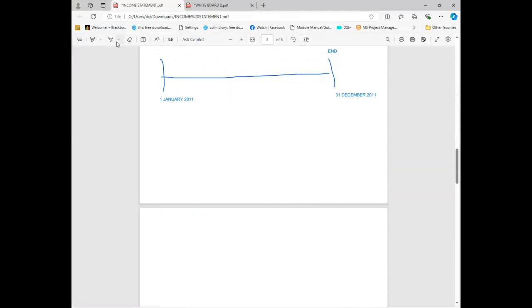So for you to calculate cost of sales, you will need to take your opening inventory, and then you will have to add purchases. Then you minus the closing inventory after that. Yes, I wrote that down.